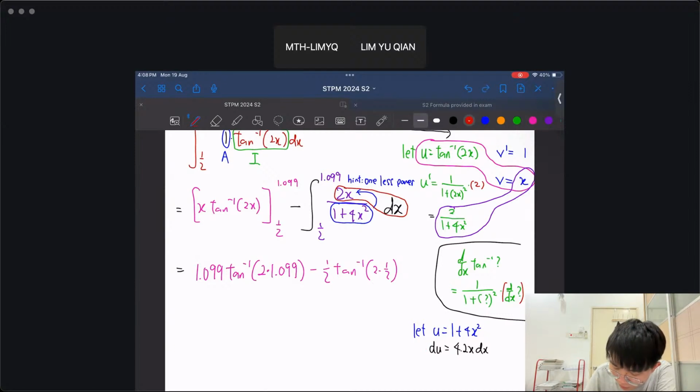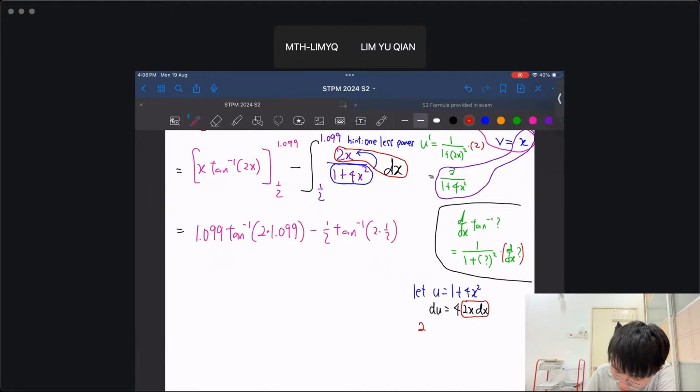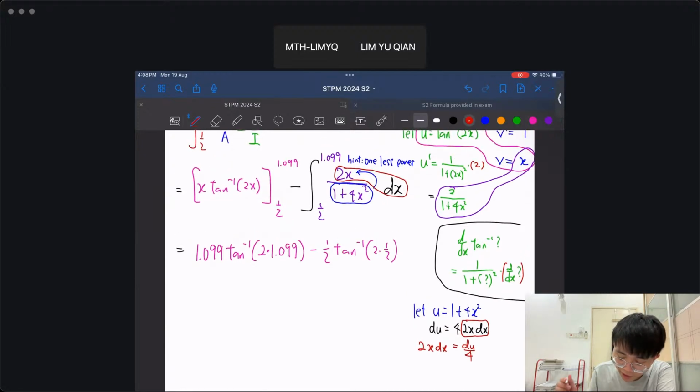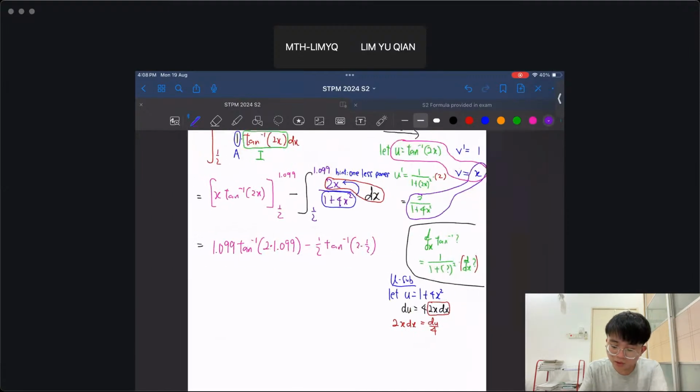So 2x dx, I want to make it the subject. 2x dx equals du over 4. And then this is a u substitution, so you must change the upper and lower limits.